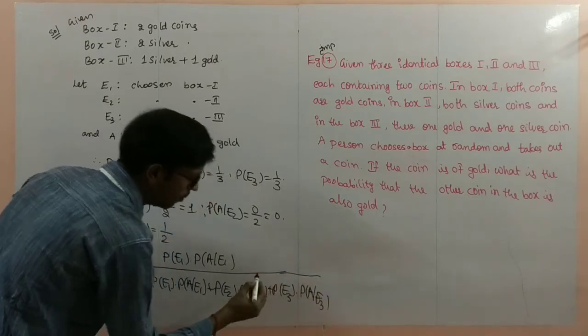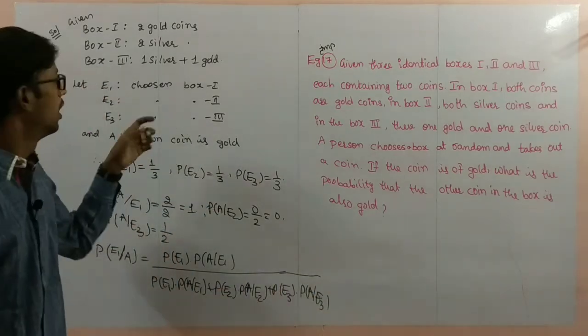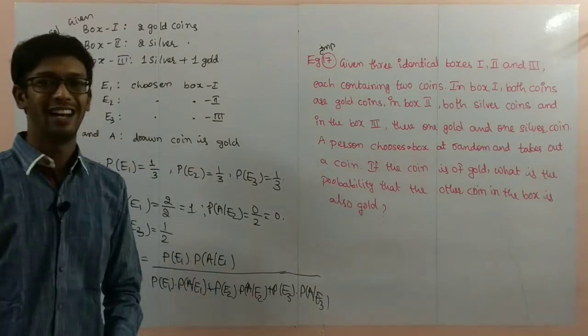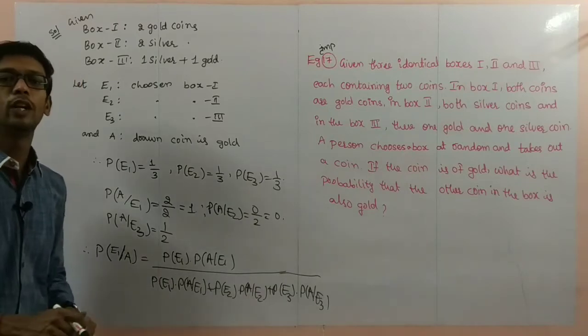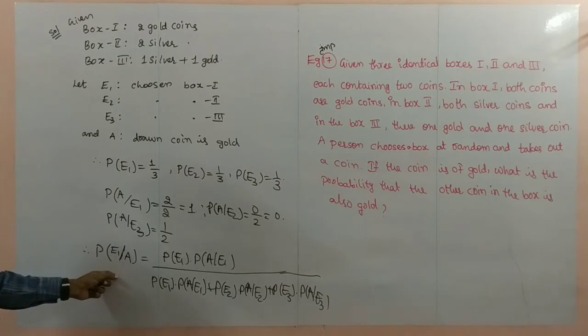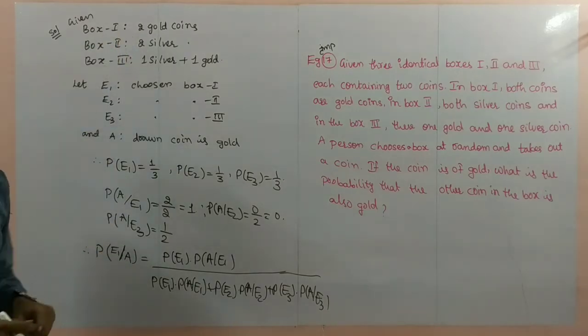This is Bayes theorem. Here three boxes are there, so 3 events. Up to 3 we have to write here. In the previous problem only 2 boxes were there, so we wrote only 2. Here 3. And this one, E1 by A, is very important, because the only possibility is from box 1.